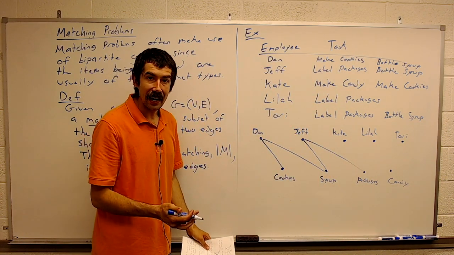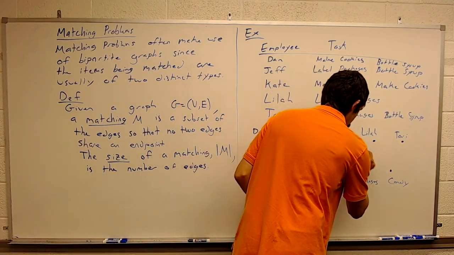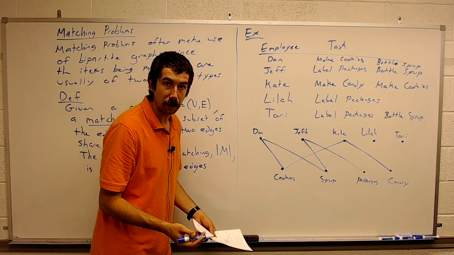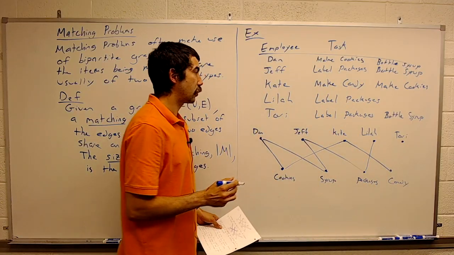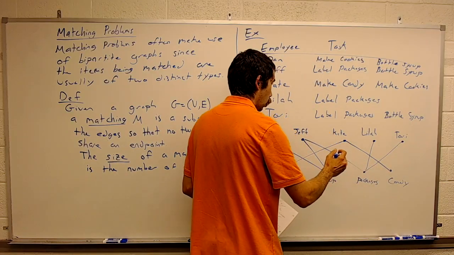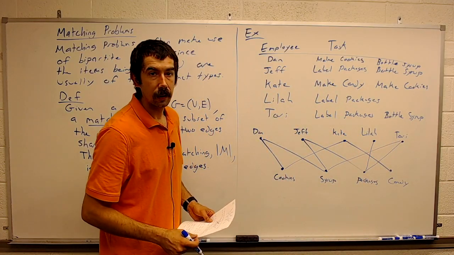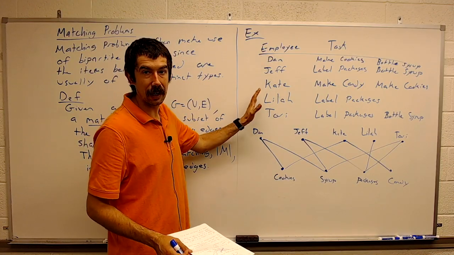Kate can make candy and make cookies. Lila could label the packages. And then Tori can label packages or bottle the syrup.